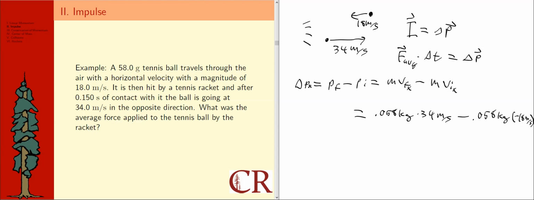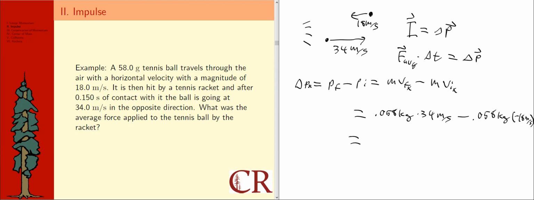Barely have space to close that parenthesis. So that's something I can put into my calculator and get a number for. Maybe I could simplify to just 0.058 times the sum of 18 and 34, since those minus signs cancel and you can undistribute the 0.058.